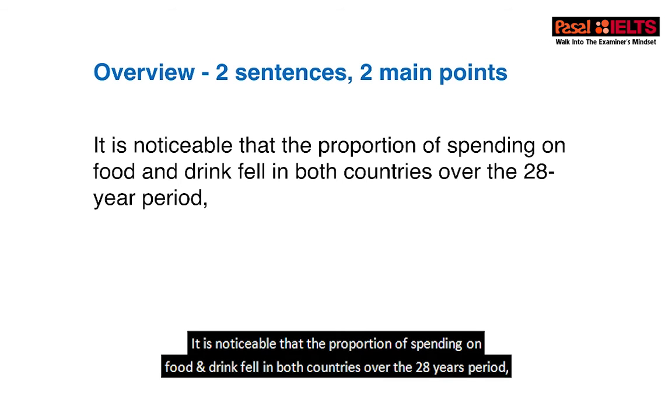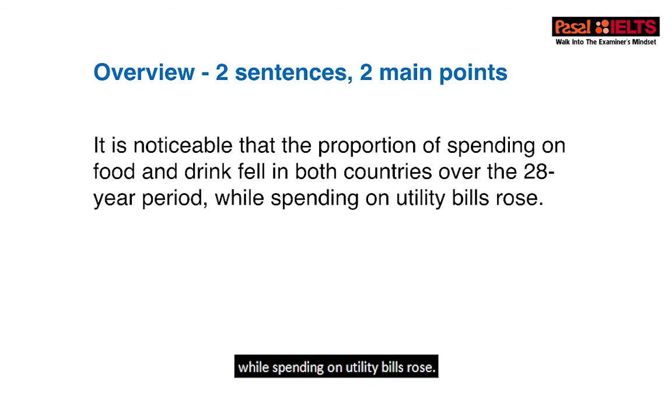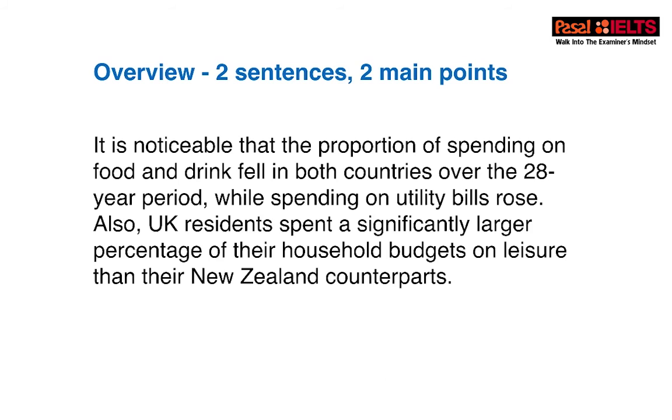It is noticeable that the proportion of spending on food and drink fell in both countries over the 28-year period, while spending on utility bills rose. Those are the 2 similarities that I pointed out. Second sentence.